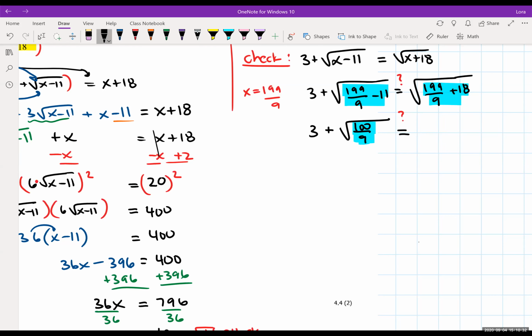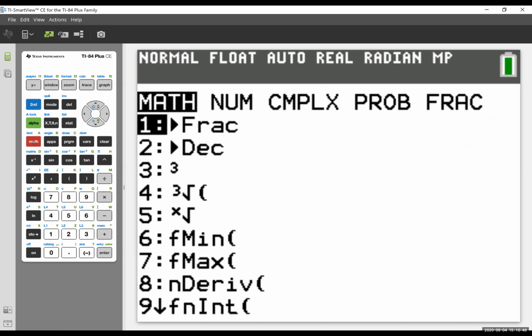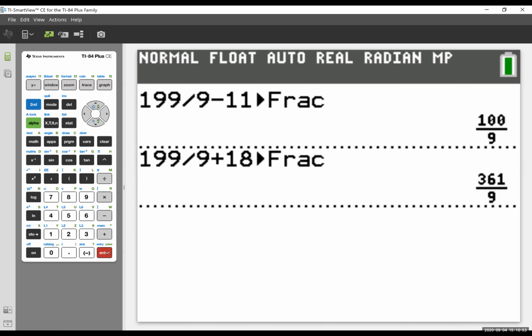Is it going to be a nicer one too? We will see. So let's go back to our TI. And we're looking at 199 over 9 plus 18. I'll change it to a fraction right away, pressing the math key. And here I get 361 over 9.